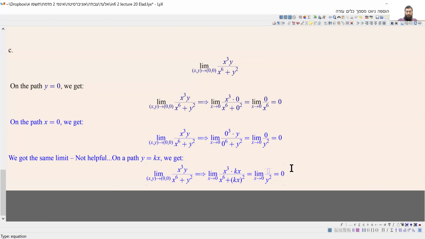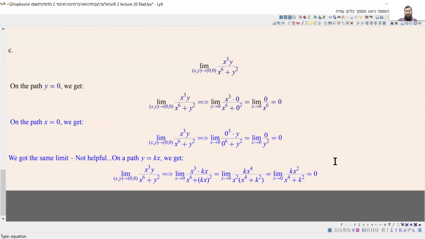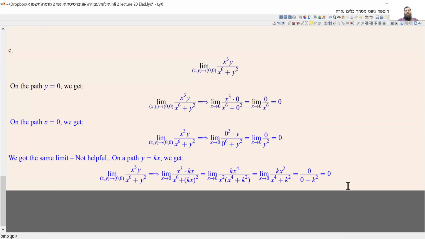Now we can use x squared as a common factor for the denominator, which gives us this. And then x squared leaves us with x squared in the numerator, which is still 0 because the numerator goes to 0 while the denominator is not zeroing.